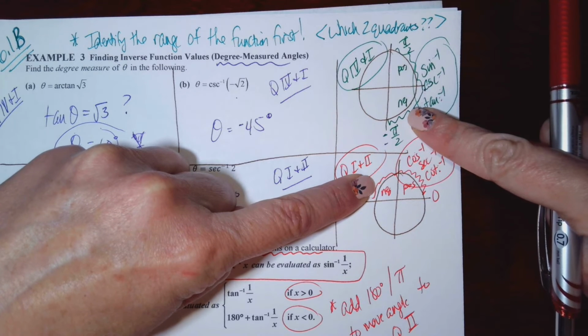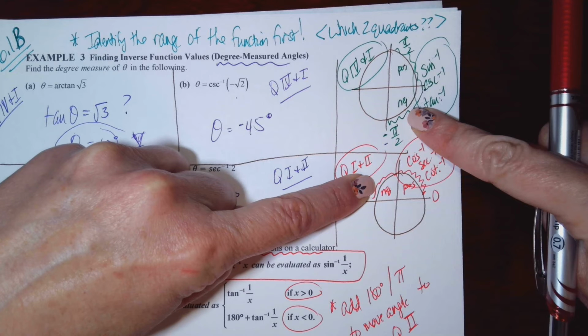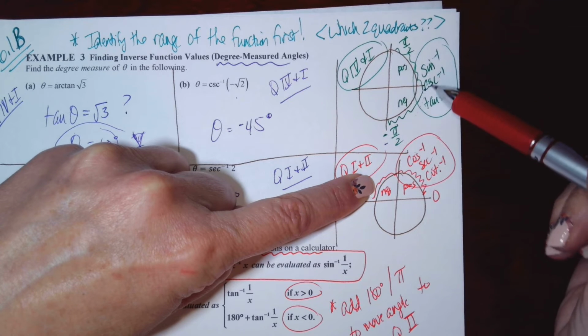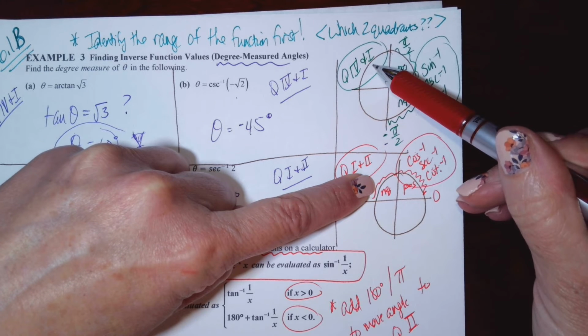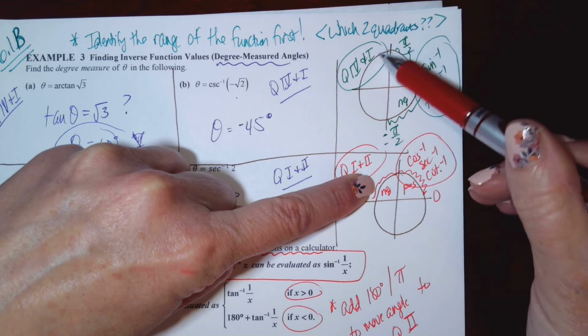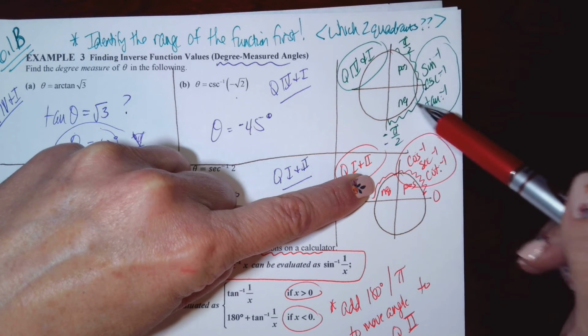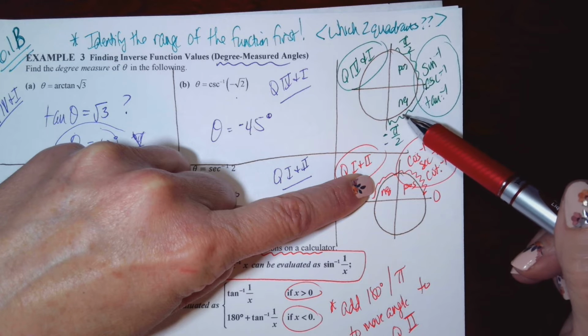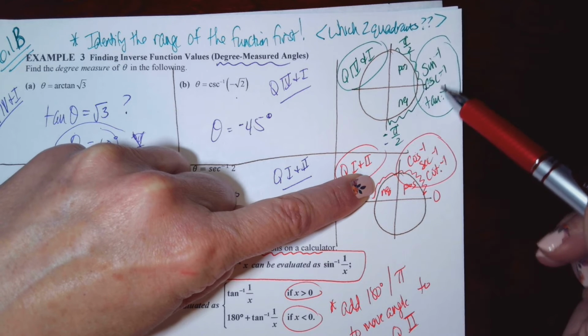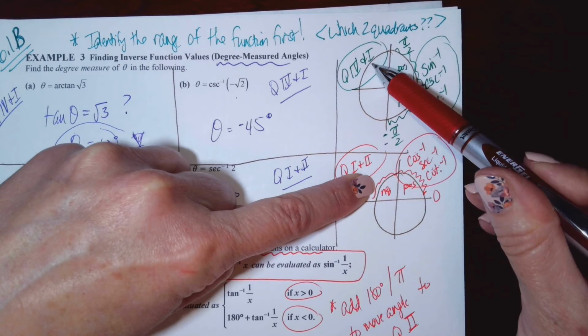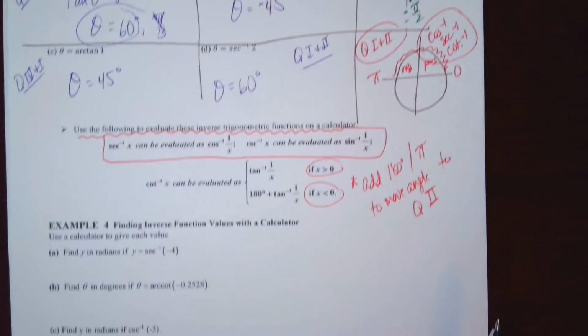To get it back to the correct angle in quadrant 2, I have to rotate it 180 degrees or pi radians. So I have to add pi or add 180 to take the angle that I use my calculator to find in quadrant 4 and see what that angle is going to be with that same function value that would be in quadrant 2.